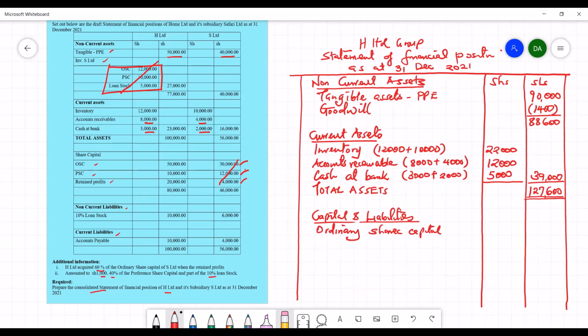So therefore, we are going to present only the ordinary share capital of the parent company, which is 50,000 here. Preference share capital also acquired, so we are going to present only for the subsidiary. That is 10,000. Then you're going to have retained profit.